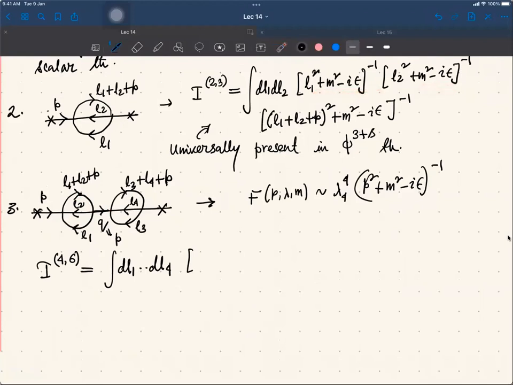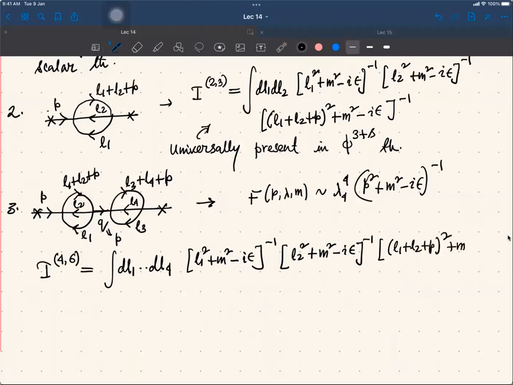So that is (L1 square plus m square minus i epsilon) inverse, (L2 square...) and then we had (L3 square plus m square minus i epsilon) inverse.